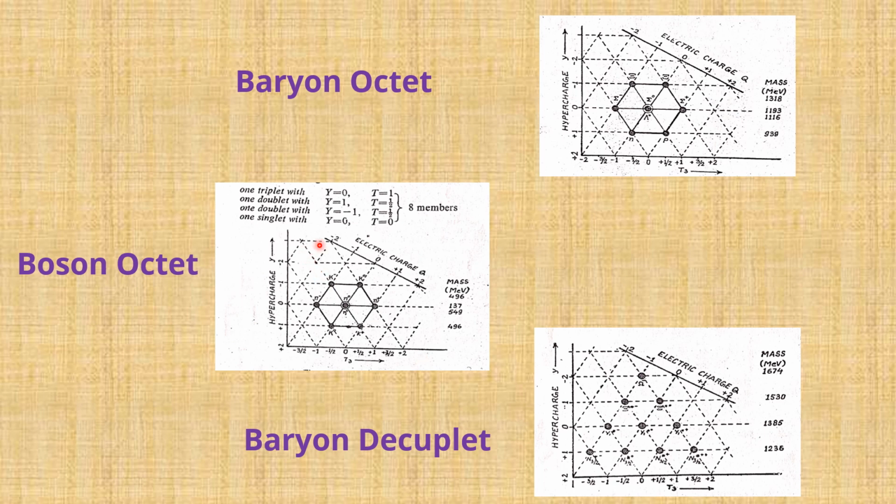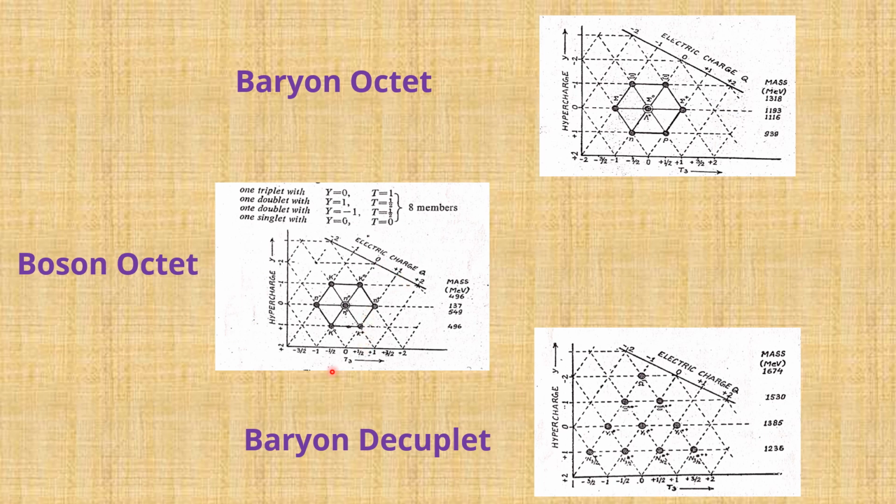And here you can represent the electric charge Q. If you take, for example, K0 and K plus, both have a hypercharge of 1, whereas for K0 the charge is 0, and for K plus the charge is plus 1.